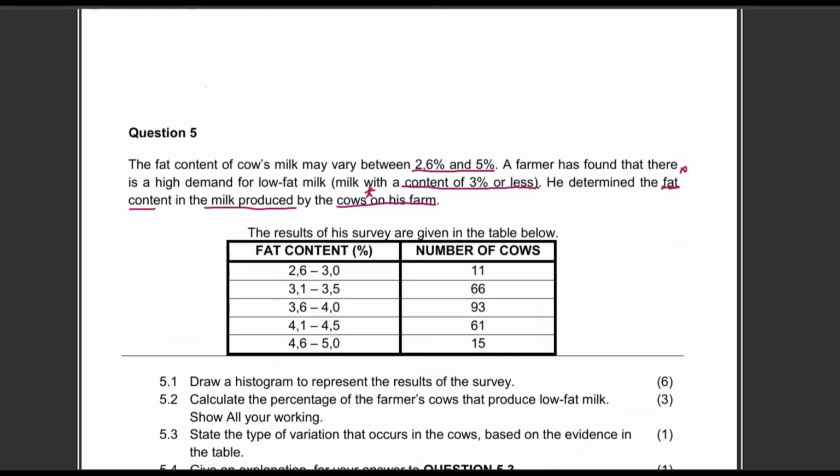Then the first thing that you need to write is your caption, and in your caption you need to have both variables from the table that you're given. So your caption needs to have the words fat content and also number of cows.